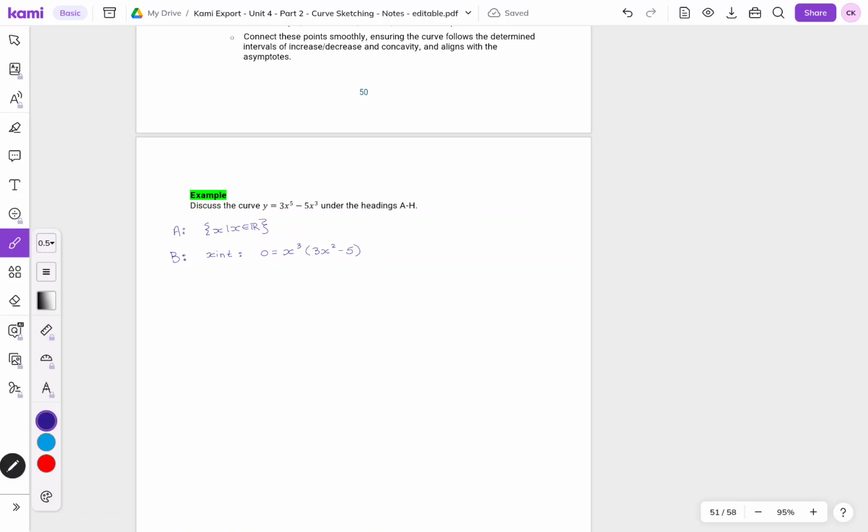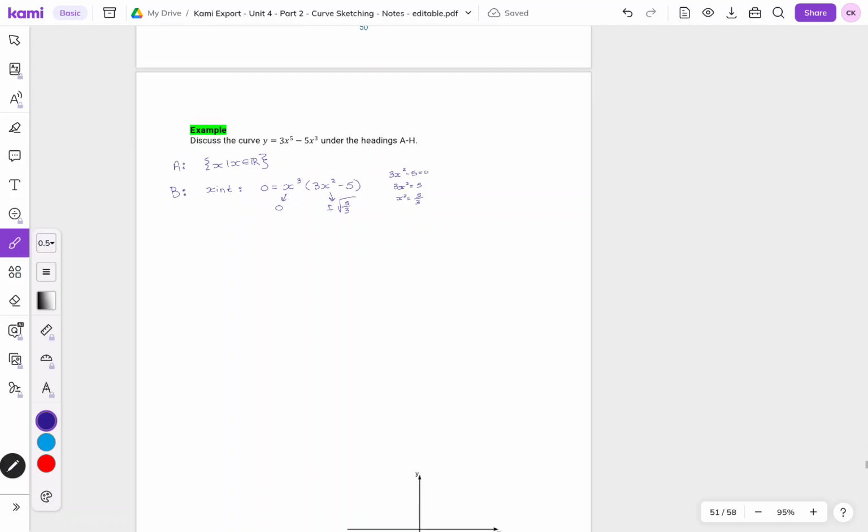So our x-intercepts are going to be 0 and the square root, positive or negative, of 5/3. So remember, we're just setting this equal to 0. So 3x squared equals 5, x squared equals 5/3, and square root both sides to get the positive or negative square root of 5/3.